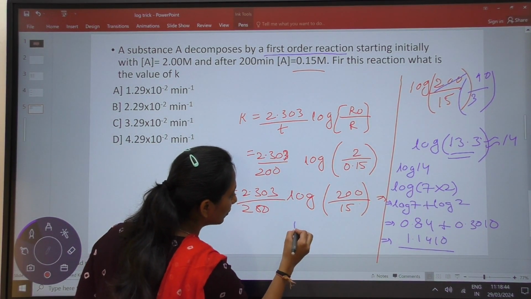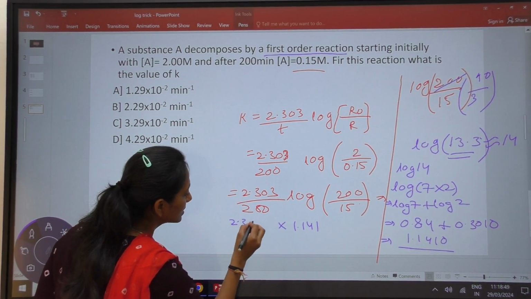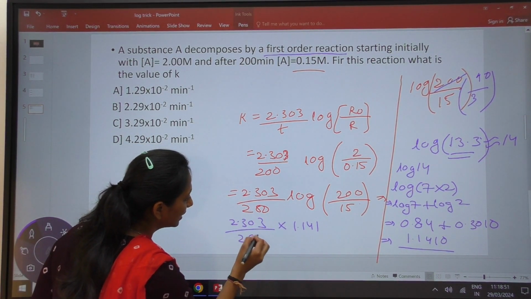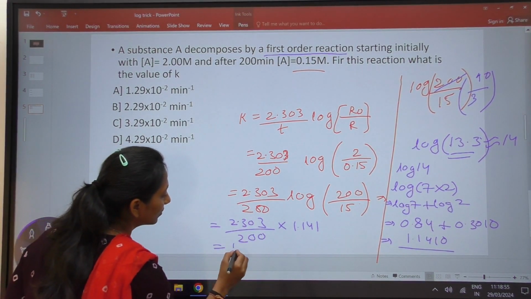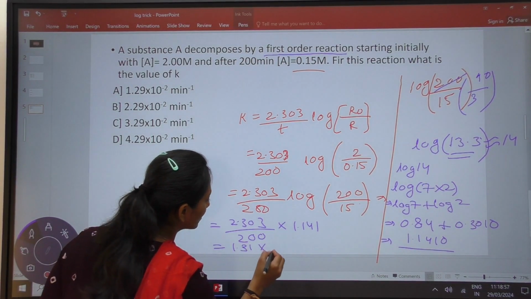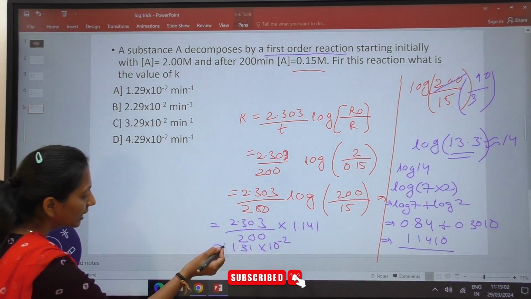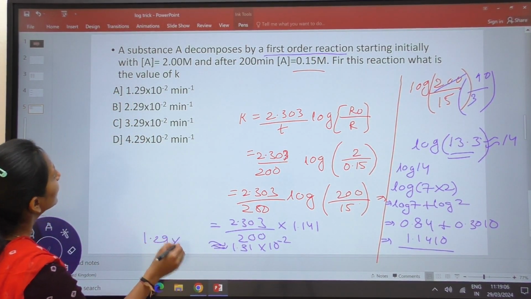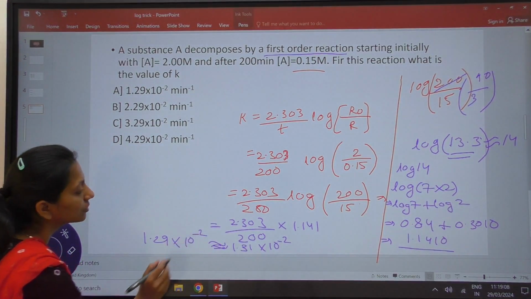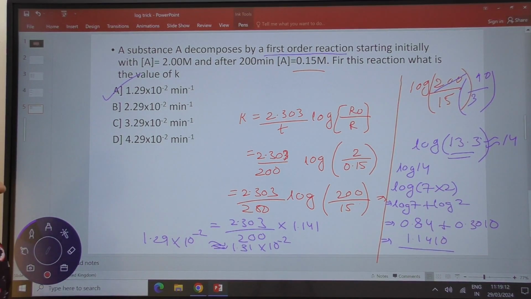We will keep the value 1.141. Multiplying this by 2.303 and dividing by 200, approximately we will get the answer 1.31 times 10 raised to power minus 2, which is almost in equivalence with the given option 1.29 times 10 raised to power minus 2. Okay, so on solving we can have A as the correct option.